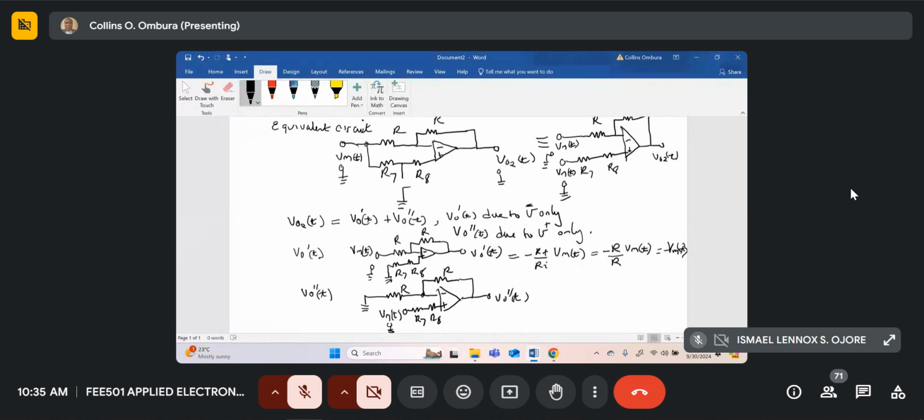So at the non-inverting terminal, the voltage will be Vm of t.